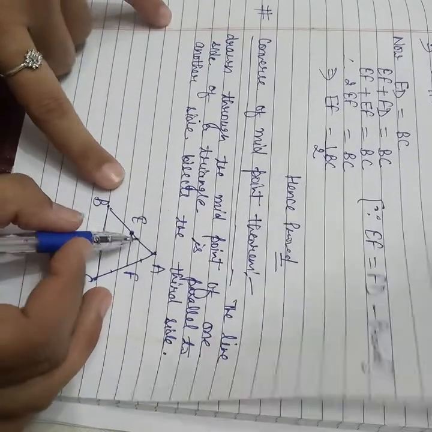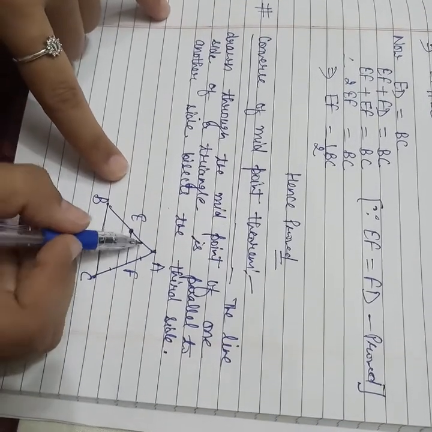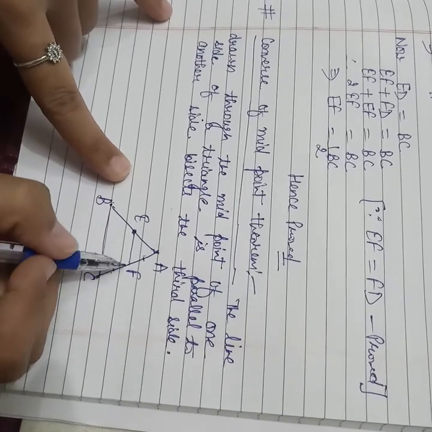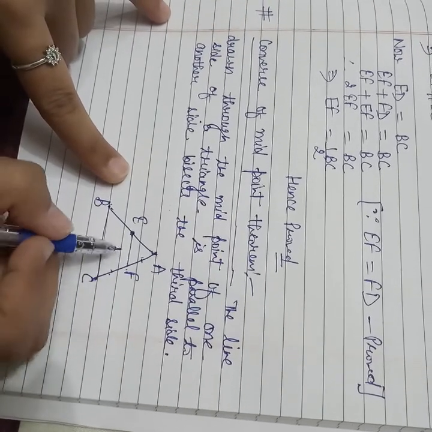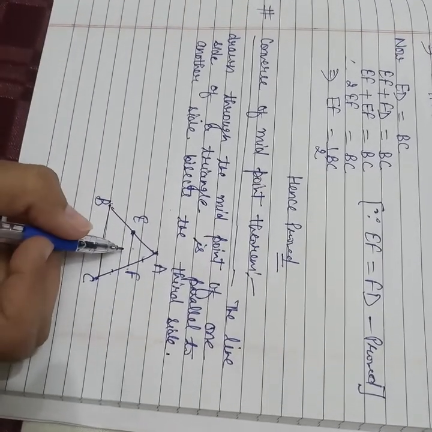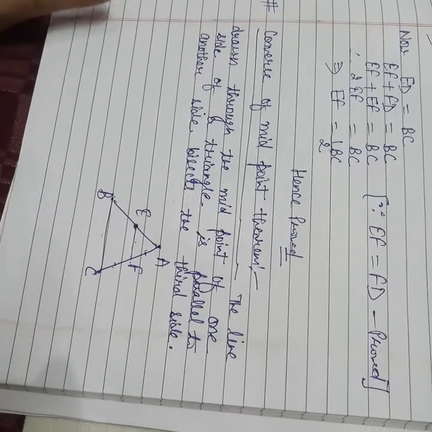Given that E is the midpoint of AB, and EF is parallel to BC, then AF equals FC because F is also the midpoint. We have no need to prove this theorem, so we prove only the midpoint theorem and state its converse.